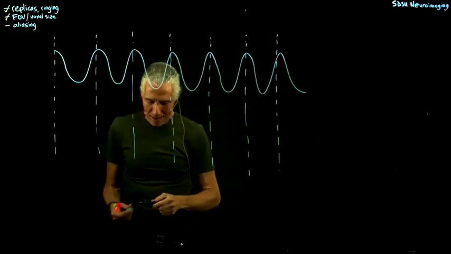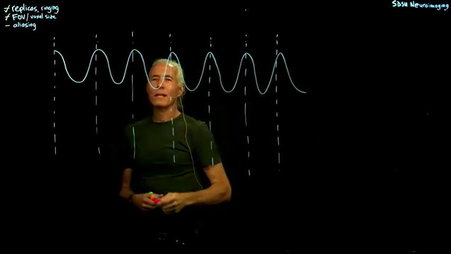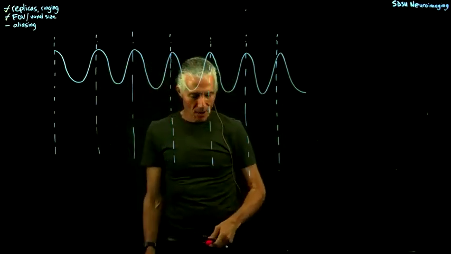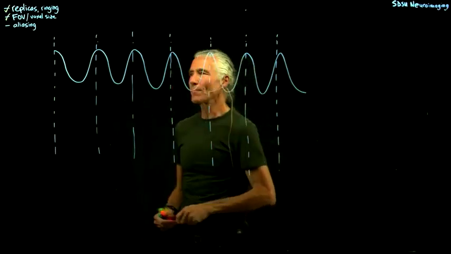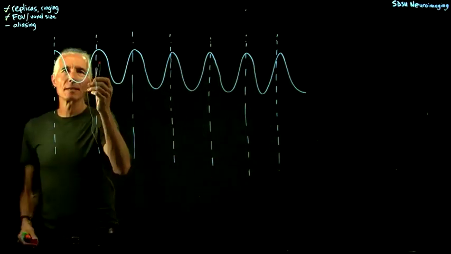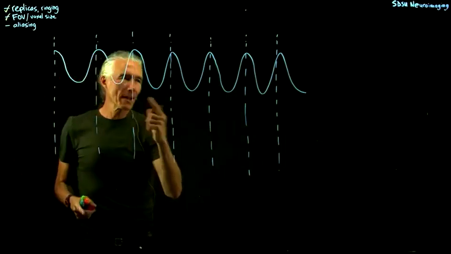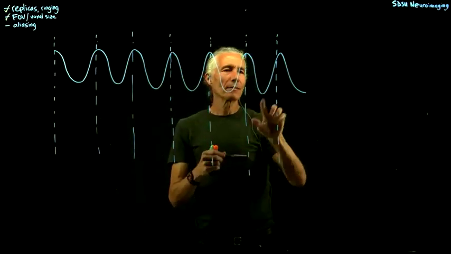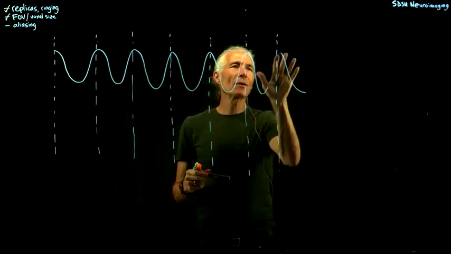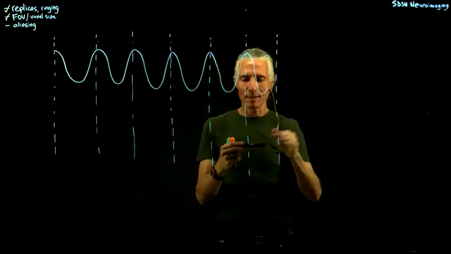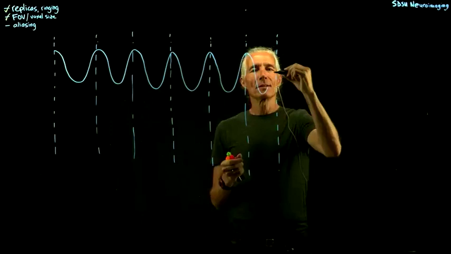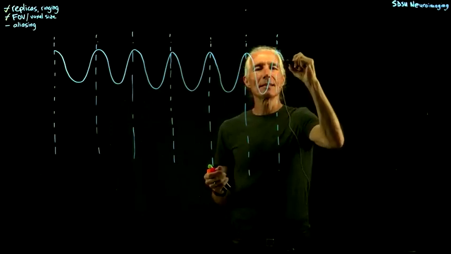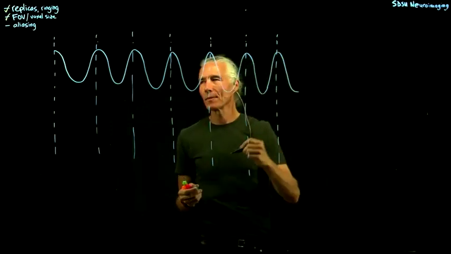Okay, so now what happens if we don't sample this often enough? How fast would we have to sample it to capture this correctly? We would have to sample it at least twice as high as this frequency so that we have a chance of catching the ups and downs correctly.